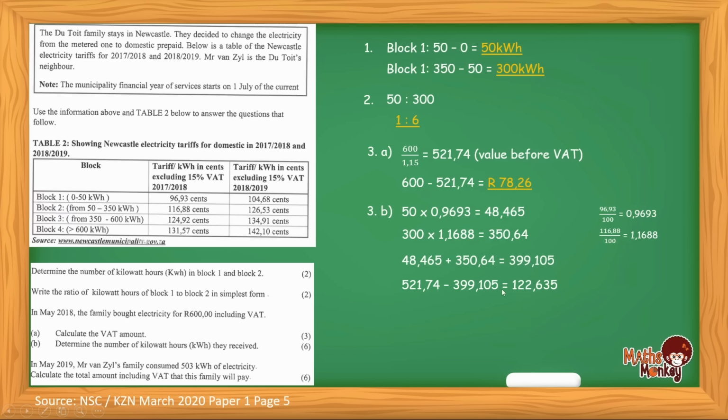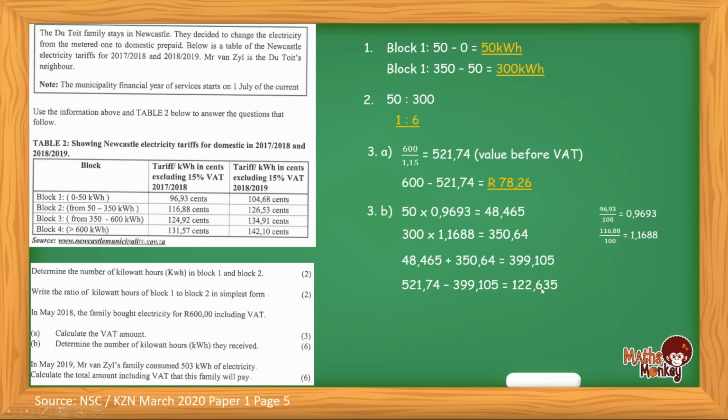In other words, this is how much we spent in block 3. This was block 1, this was block 2, and then I worked out how much is left, and this is block 3.